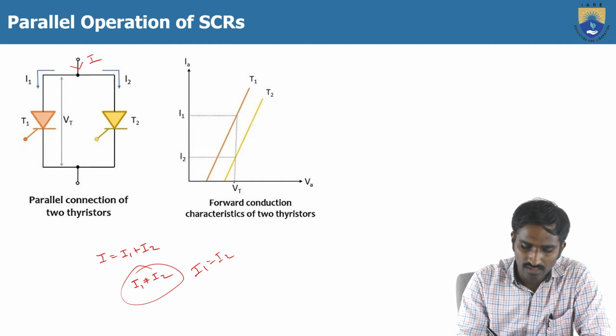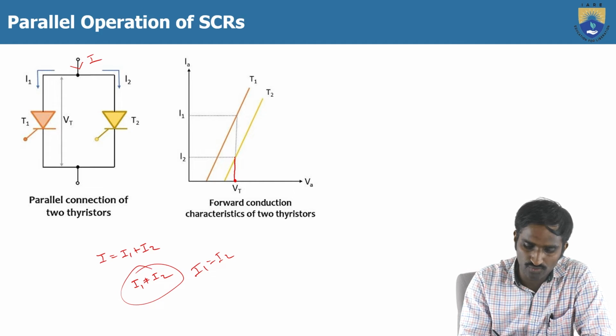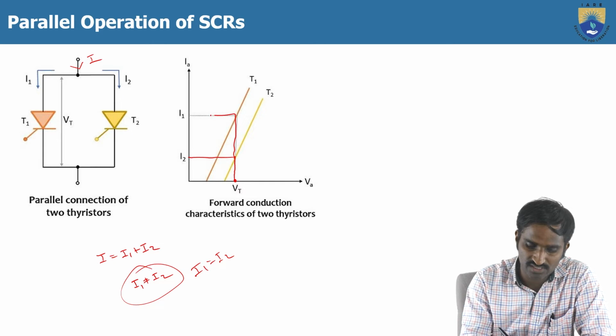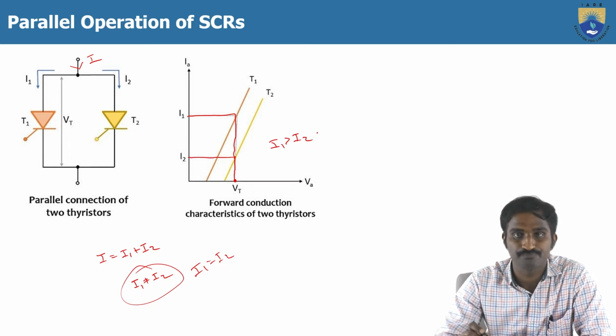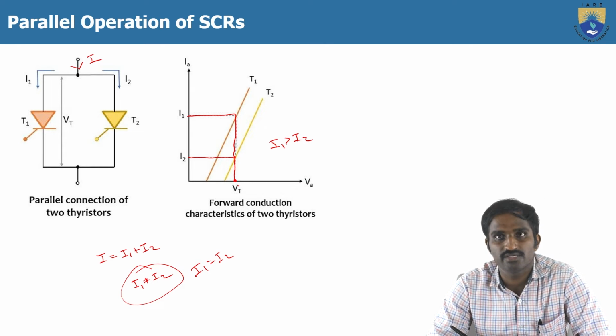At this particular instant, the current flowing through thyristor T2 is I2, and the current flowing through thyristor T1 is I1. So I1 is greater than I2 at a particular voltage, but it should not happen. Then how can we eliminate this?